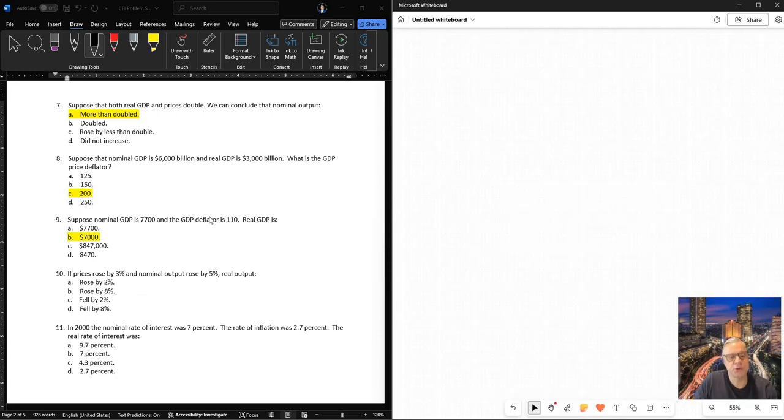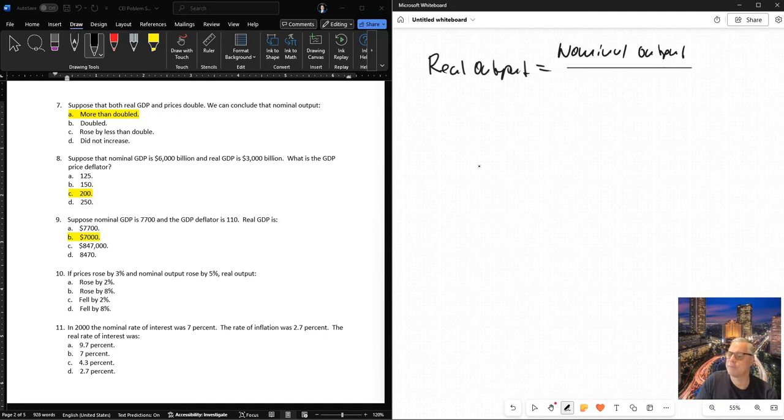If prices rose by 3% and nominal output rose by 5%, real output rose by how much? Okay, so real output is defined as nominal output, just as we had in the previous example, so like nominal GDP over a price index.